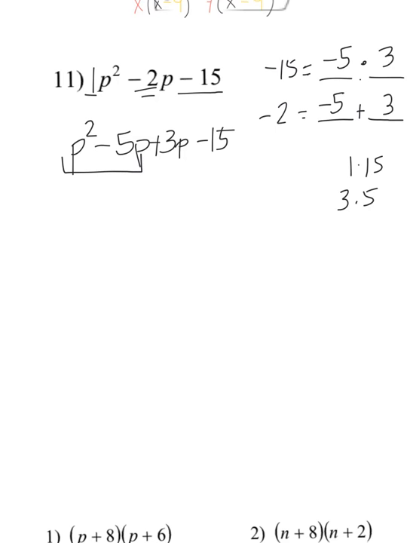We take our first two terms, factor out a p, because they both have a p. P squared divided by p is p, and negative 5p divided by p is negative 5. Whatever is in that parentheses, we put in this parentheses. And then now we're going to look at these second two terms. 3p divided by p is 3.